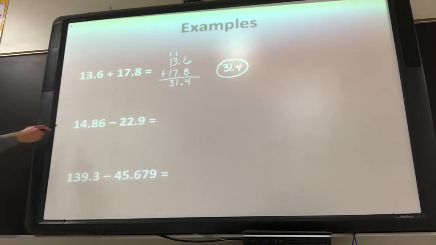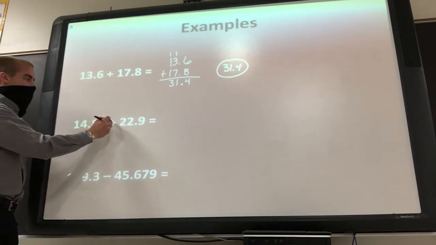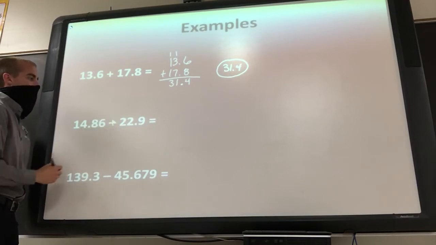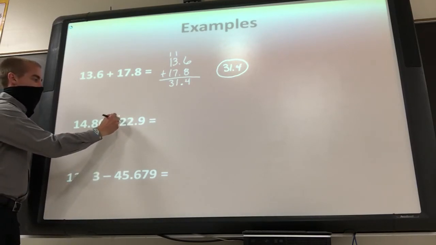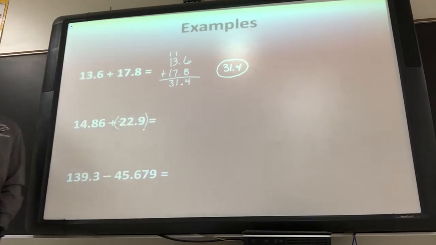All right, for our second one, something that's really important. So first of all, remember we're going to change the subtraction sign to addition, and then make this positive 22.9 a negative 22.9. If one's positive and one's negative, remember we subtract them.